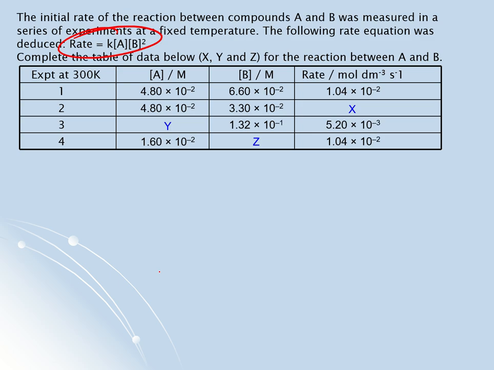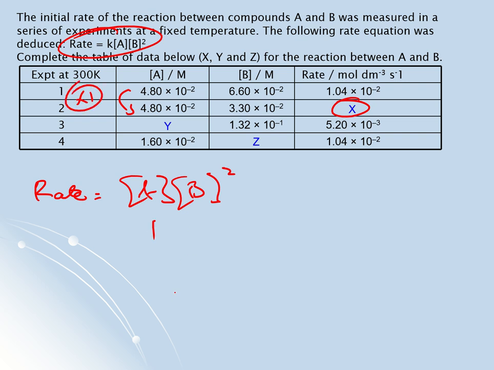Right, so let's first of all work out x. I'm just going to write out my rate equation down here. So it is A to the 1, B to the 2. Here A has remained constant, so I'm going to put a 1 in there, multiplied by B has gone down by a factor of a half, so it's a half squared, so that's 1 times 0.25.